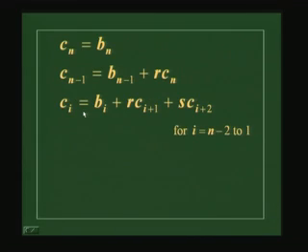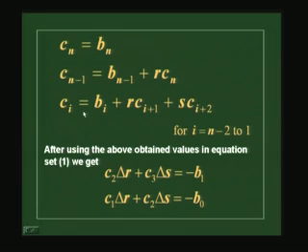That is, he said that we could write a recursion relation of this form, that is C n is equal to B n, C n minus 1 equal to B n minus 1 plus R C n, etc., and then we could take the derivatives of del B 1 by del r and del B 1 by del s from this equation. That was the idea.